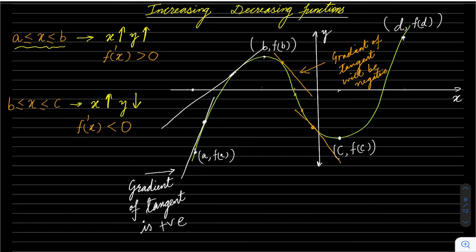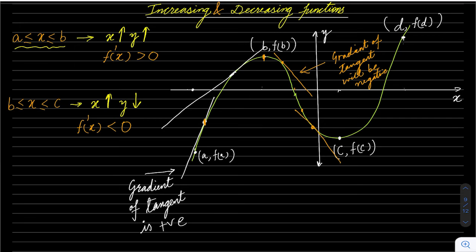So that is my observation. So now function f(x) from A to B is known as an increasing function, because in this interval, when x increases, y also increases. When that happens, the function is known as an increasing function.